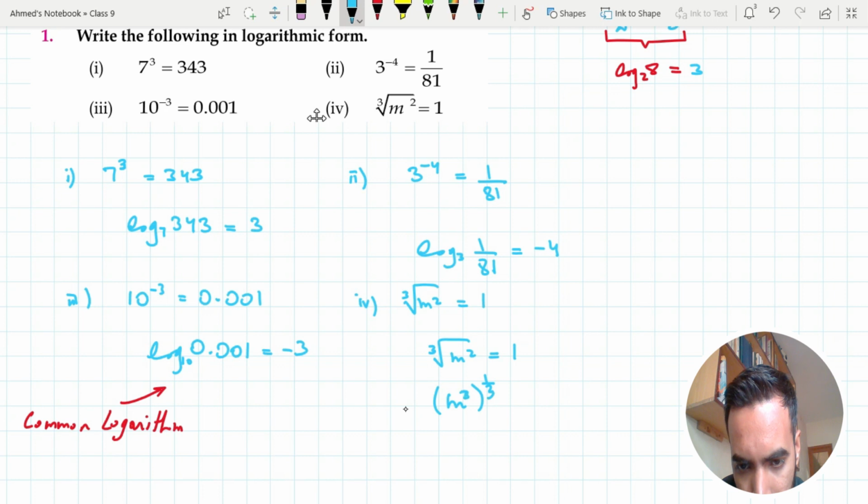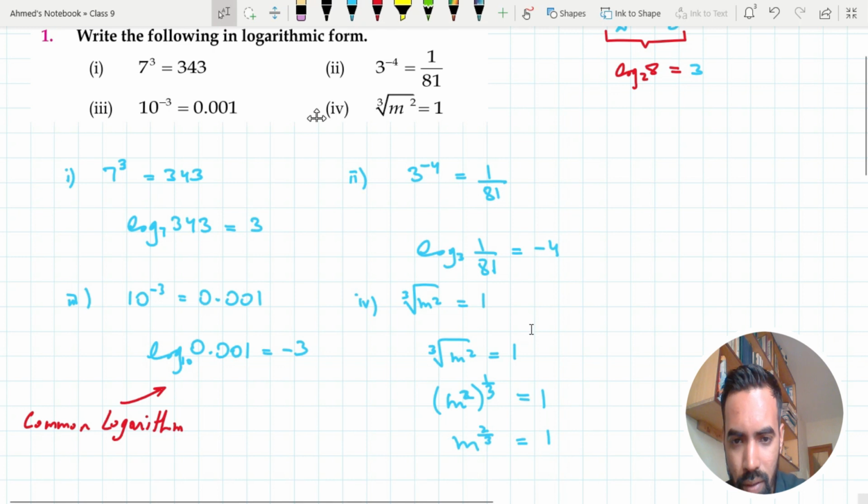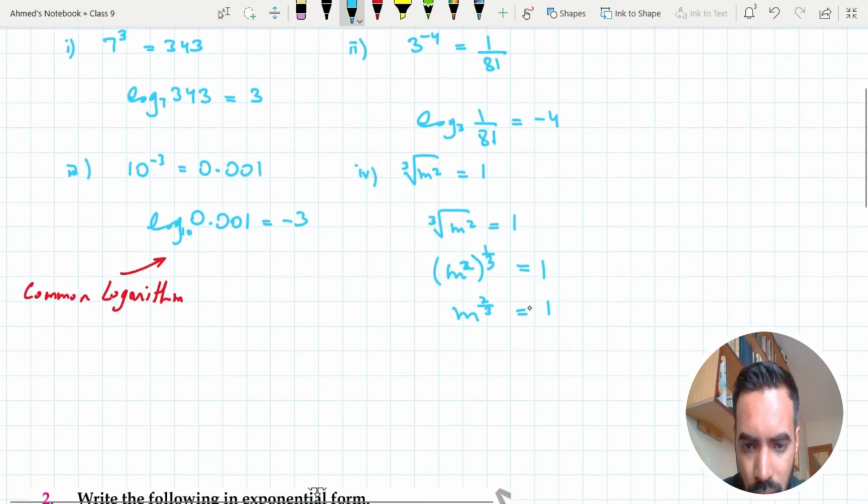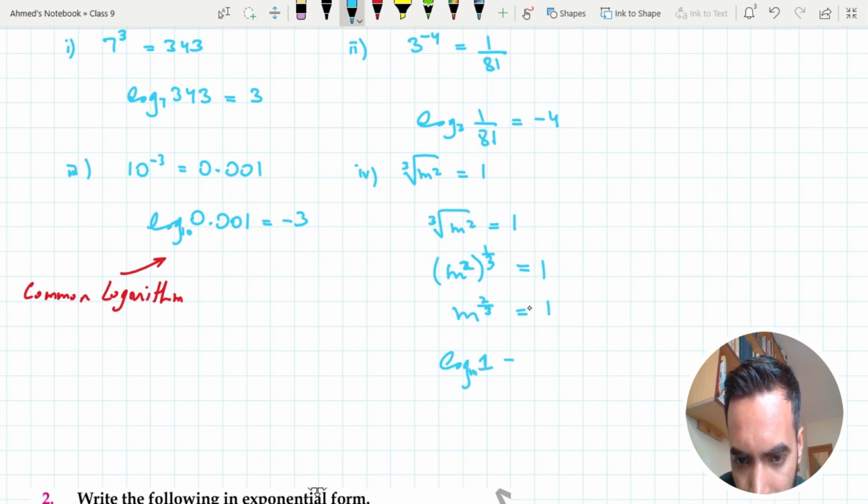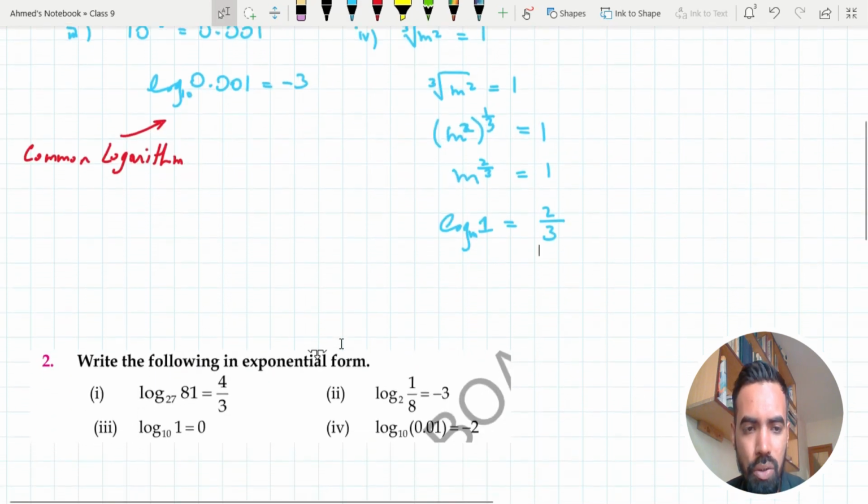Okay, inside there is 2 written, so 2 will be multiplied by 1 over 3, that would be m to the power 2 over 3. Now my power is 2 over 3. So when I convert that into logarithm, it will be log 1 with base m equals 2 over 3. Got it?